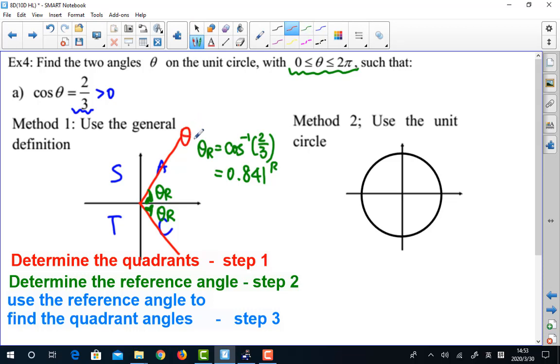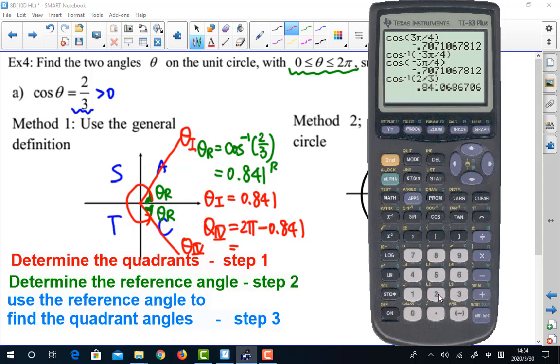This is the first quadrant angle, and this one should be the fourth quadrant angle. So for the first quadrant angle, the rotation angle is equal to the reference angle. For the fourth quadrant angle, the rotation angle should be 2 pi minus 0.841, 2 pi minus the reference angle.